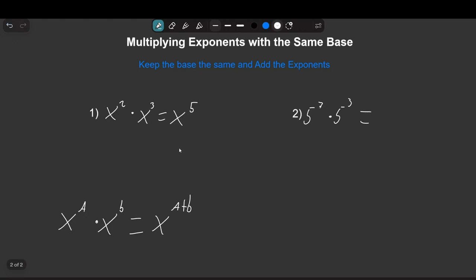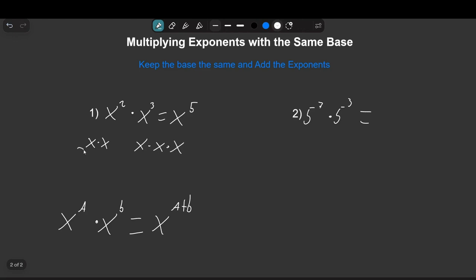Now, I can show you how this works. We have x cubed. That means we have to do x times x. So, this is our x cubed. Now, we have x squared, which is this. And x cubed, we have to do x times x times x.